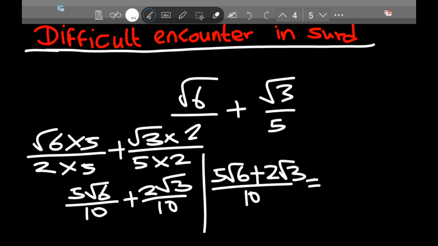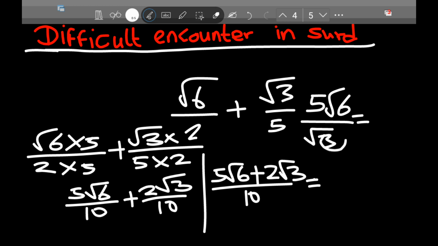so you are going to get. Now what can we factor out here? What can we write which can divide 5 root 6 and 2 root 3? Now first, when you set 5 root 6 as a fraction and you take root 3 to divide it, it's possible.